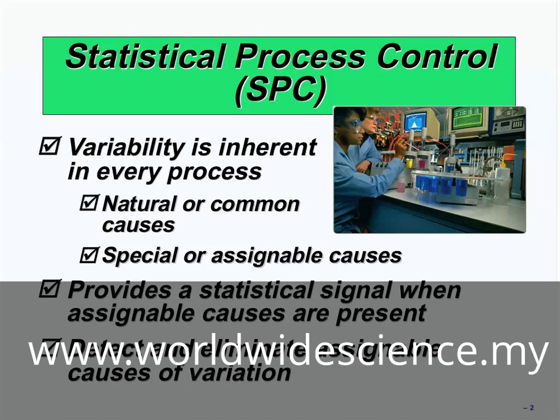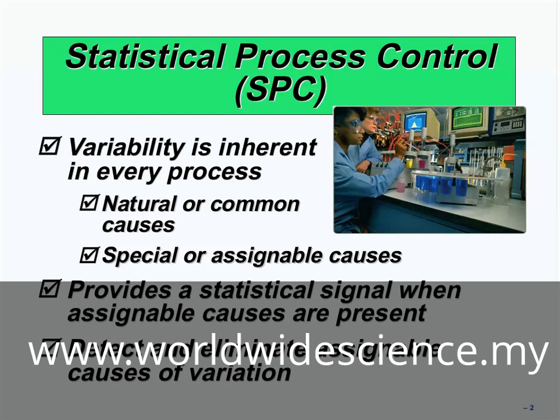Statistical process control is a method which tries to detect and eliminate assignable causes of variation.